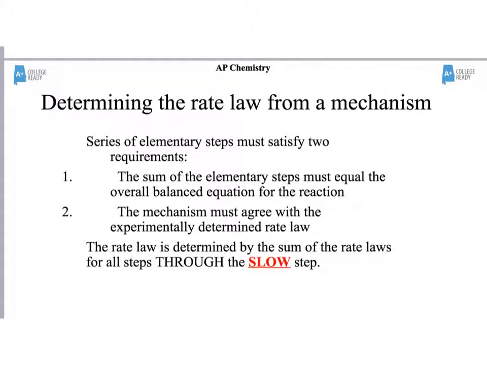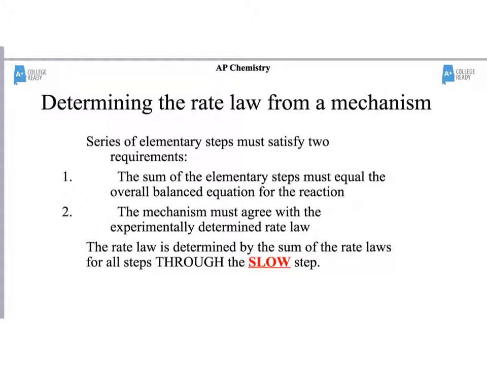So, to determine the rate law for a mechanism, you must look at the steps in which the reaction takes place. They are called elementary steps, and they must satisfy two requirements. The sum of the elementary steps must equal the overall balanced equation, and the mechanism must agree with the experimentally determined rate law.